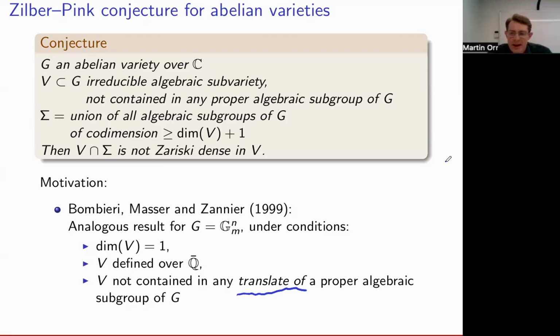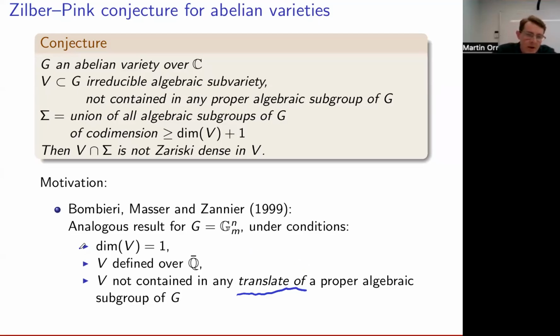Perhaps I should say, when I say proper algebraic subgroup here, the word proper, I mean in the sense of it's a strict subgroup. I don't mean that it's compact. And it's allowed to be disconnected. So there can be components that are translates by torsion points, but in the Bombieri, Masser, and Zannier result, V was not contained in any translate by any element of the group of a proper algebraic subgroup.